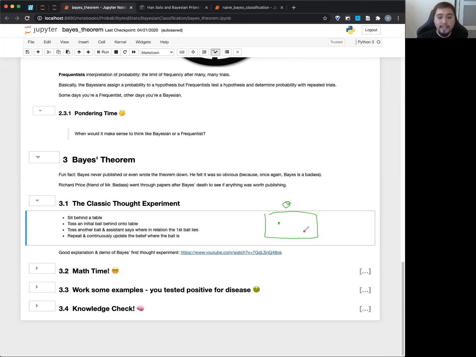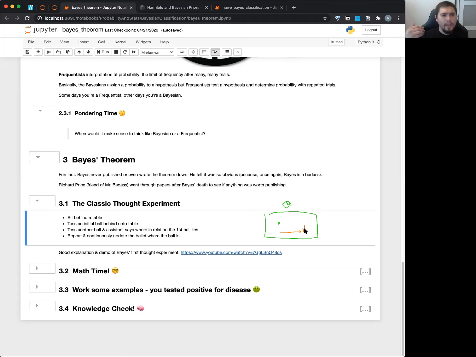Then he asks the assistant, where is the ball in relation to the original ball? And the assistant says, from this perspective, the second ball you threw is to the right of the first ball, and downward from the first ball.